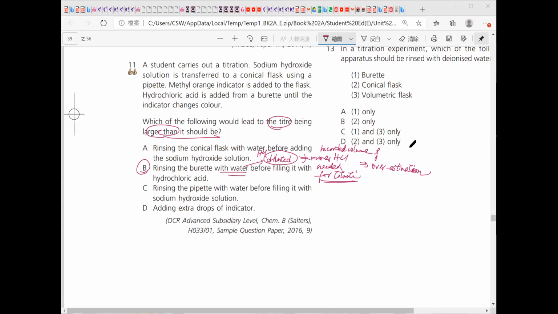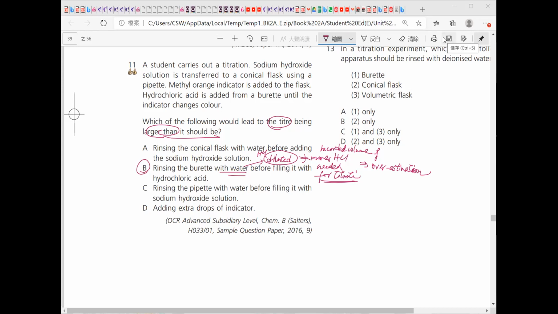Is it the pH of the solution? Concentration? Number of moles of NaOH. Yes, number of moles of the NaOH.